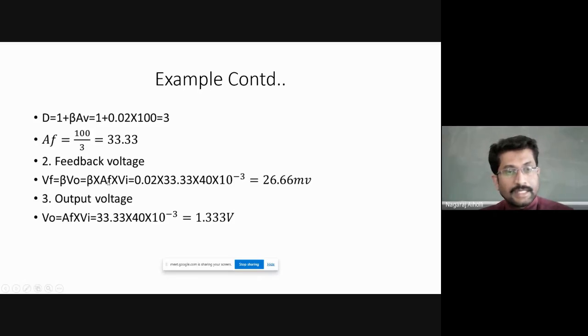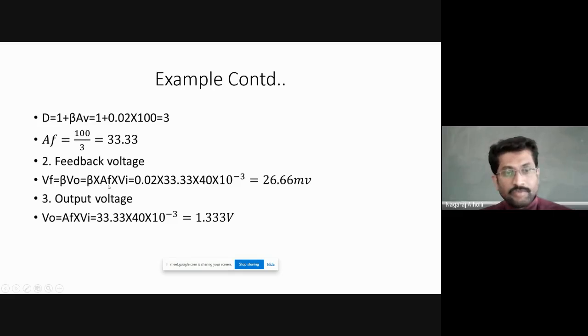See here, the gain with feedback AF is equal to V naught by Vs. Now Vs is Vi here. I have taken it as Vi, the main input voltage, whatever you are applying to the circuit, not the voltage across the terminals.